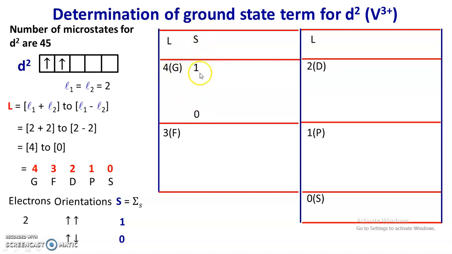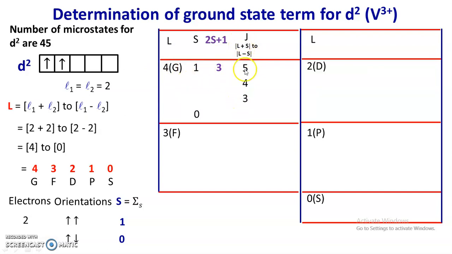As S is equal to 1, that is the resultant spin quantum number is 1, the multiplicity will be 3, because 2S plus 1, that is 2 plus 1, is 3. Now the possible J values when L is equal to 4 and S is equal to 1 are given by the formula L plus S to L minus S. So L plus S is 4 plus 1, that is 5, and L minus S is 4 minus 1, that is 3.